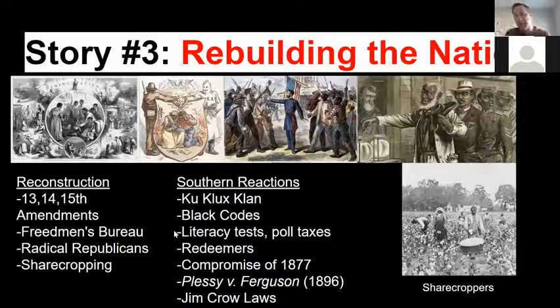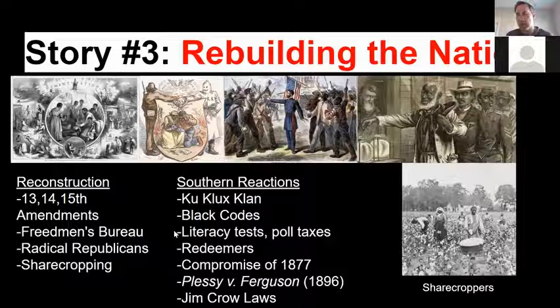They're forced to do agricultural jobs for other people who own land. And this becomes a cycle of poverty that exists through this era and into period 6 and even parts of period 7.